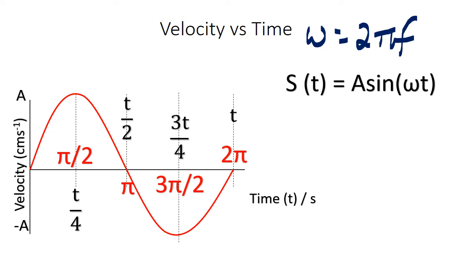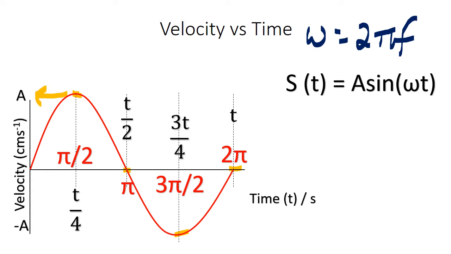So to generate a velocity versus time graph from displacement versus time, you look at points on the graph where you have maximum amplitude, zero amplitude, the minimum amplitude, and again zero amplitude or zero displacement. And you shift these points to the left by pi/2.